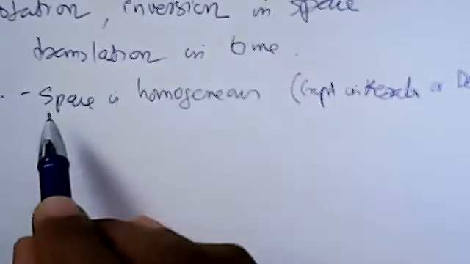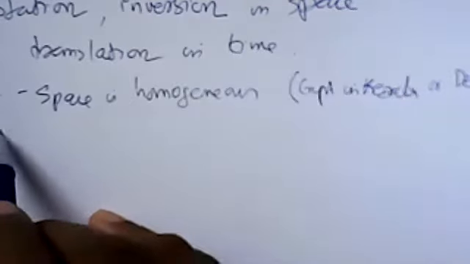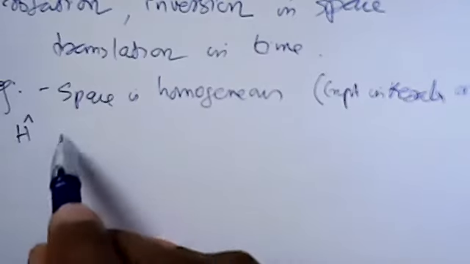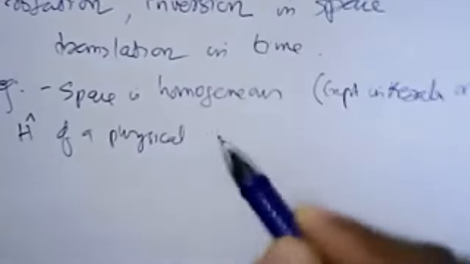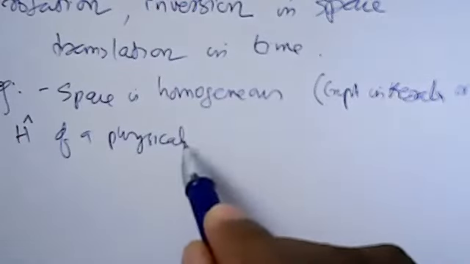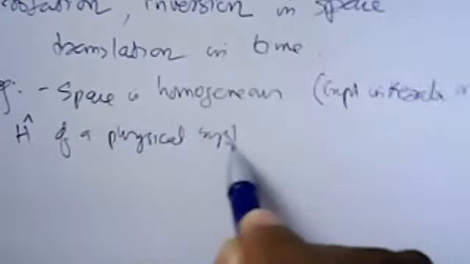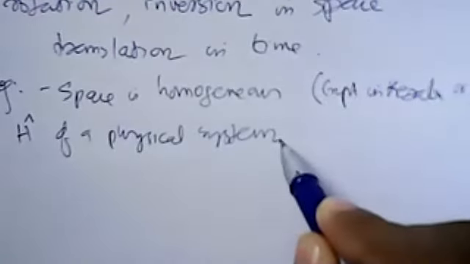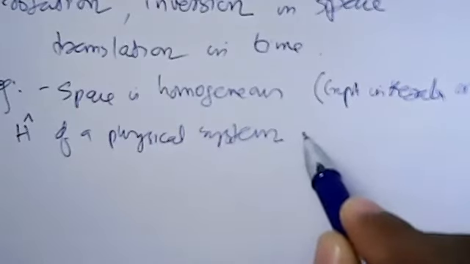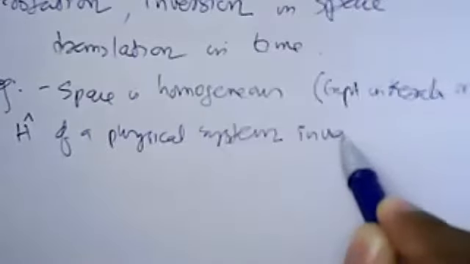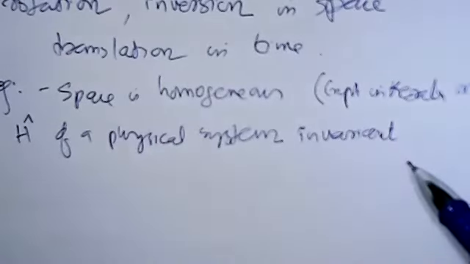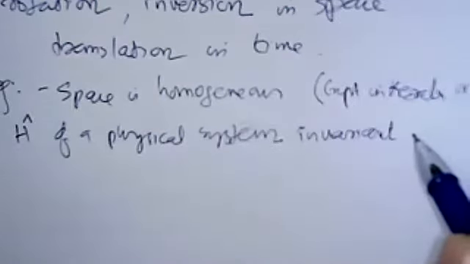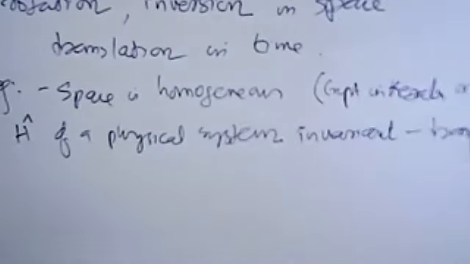Due to this reason, the Hamiltonian H of a physical system, as we found yesterday, remains invariant under translation in space, during translation in space.